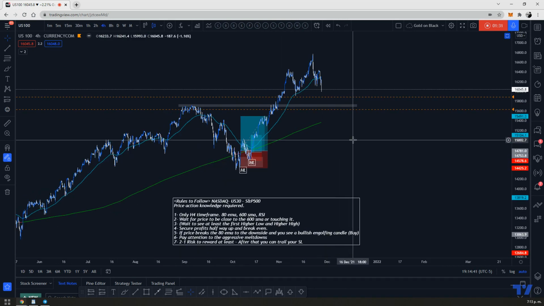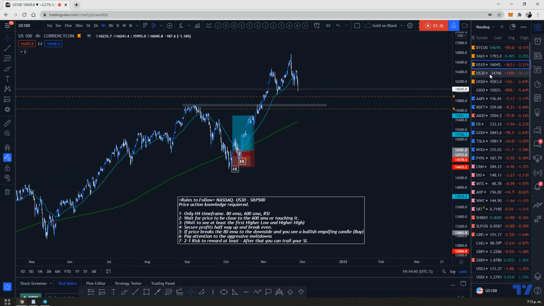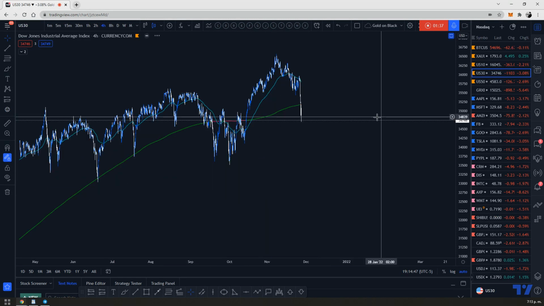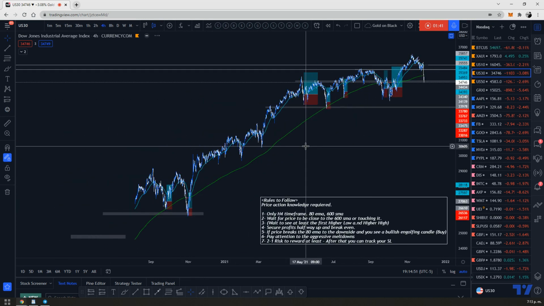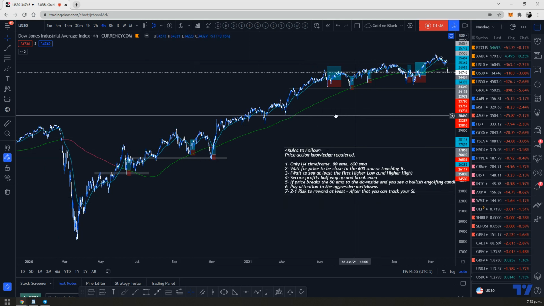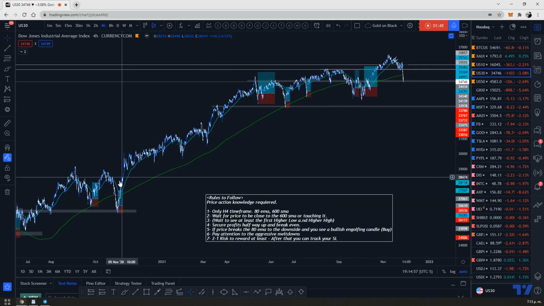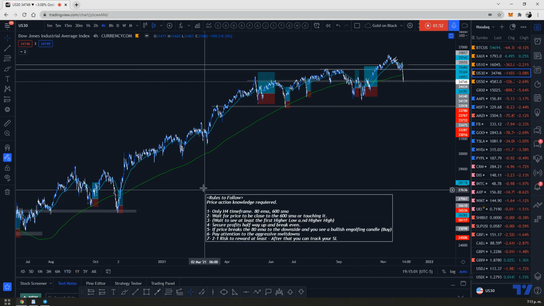Now, I wanted to show you also US 30. Okay, see how different US 30 is from the others. Right here you see that US 30 did a touch here. It went very low, this low right here.